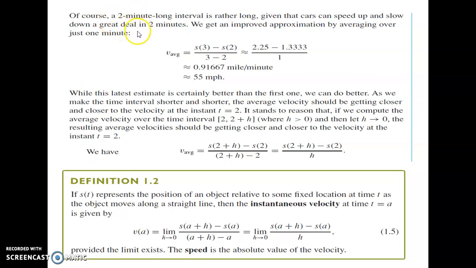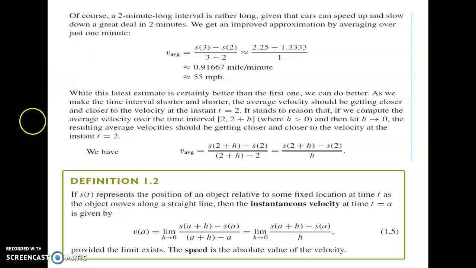If we reduce from 2 minutes to 1 minute, then it is (s(3) minus s(2)) divided by (3 minus 2). Again I substitute and I get that. So this is a better value for the average velocity. So what we do here is we go on reducing the time between the 2 points, and we will get a better result.